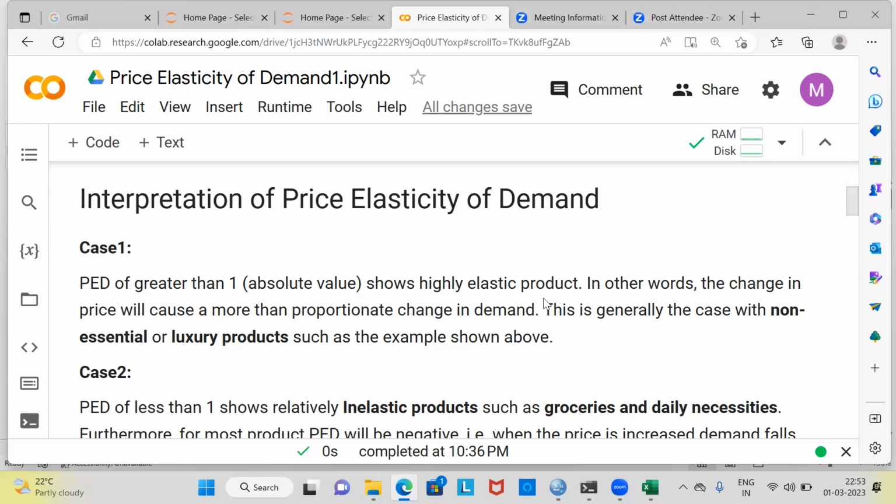This product is very sensitive to change in price. In other words, the change in price will cause a more than proportionate change in demand.